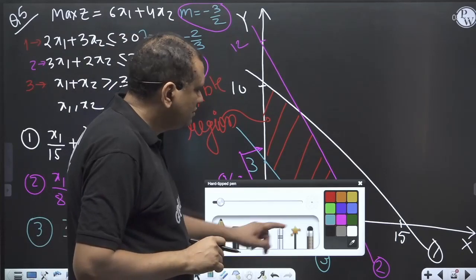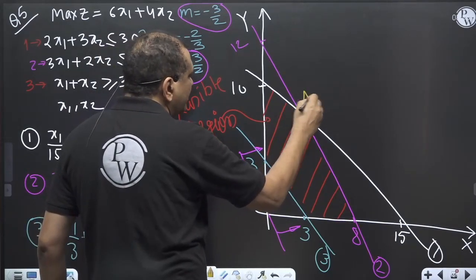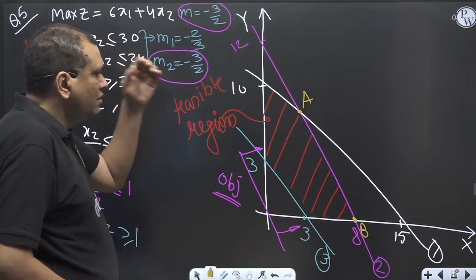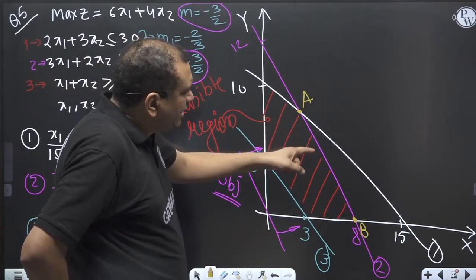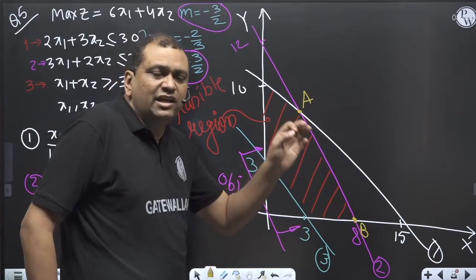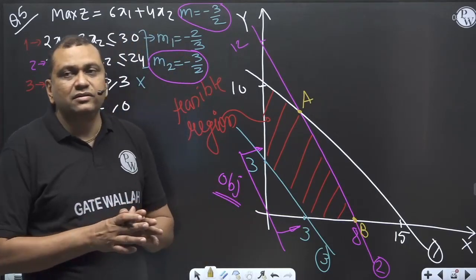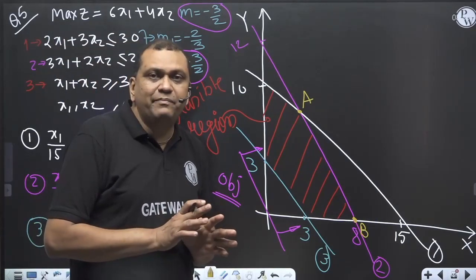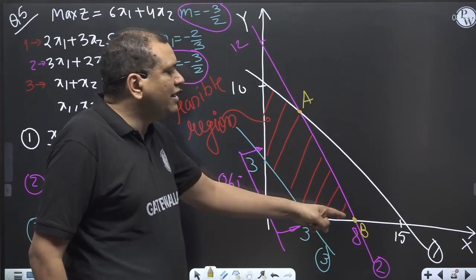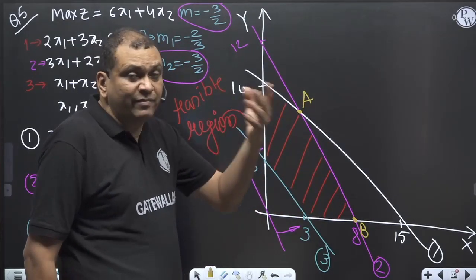So let us say this point is A and this point is B. All the points appearing on this line will be optimum points, and each and every point will give you the optimum solution. Because if the slope matches, then the entire line falling on the feasible region will give you the optimum point.